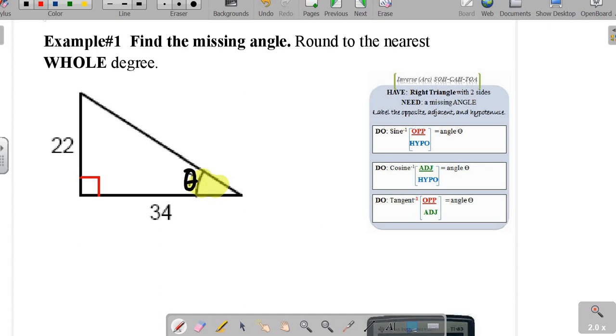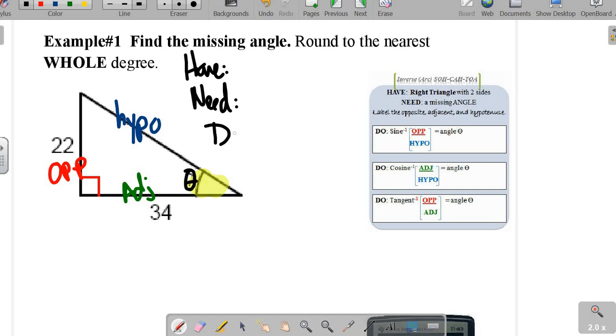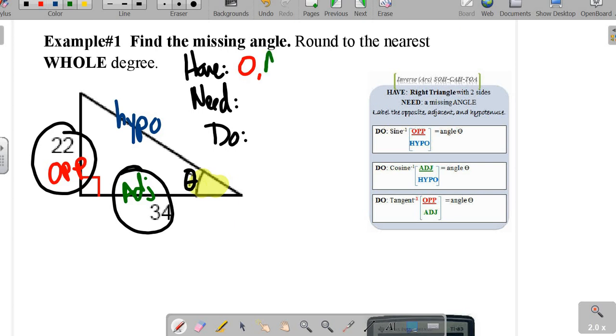From theta, label opposite, adjacent, hypotenuse. Have, need, do. We have here the opposite and the adjacent. Wow, we actually have two things. What's going on there? We need the theta, which is the variable we use for finding an angle.